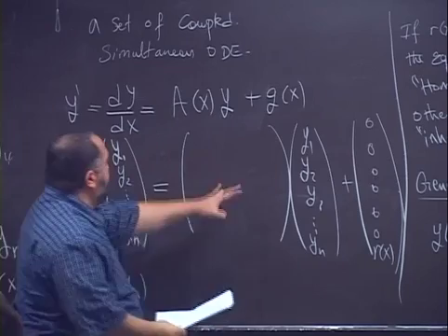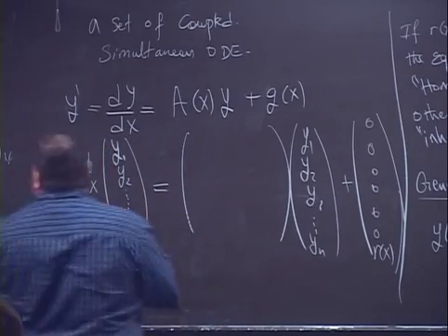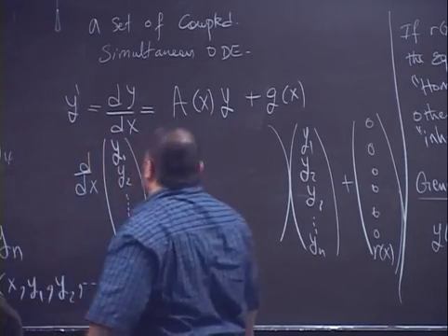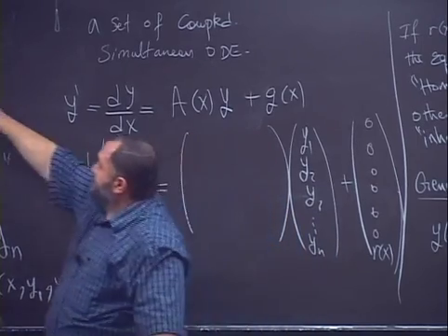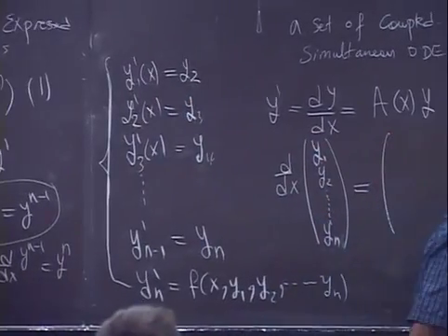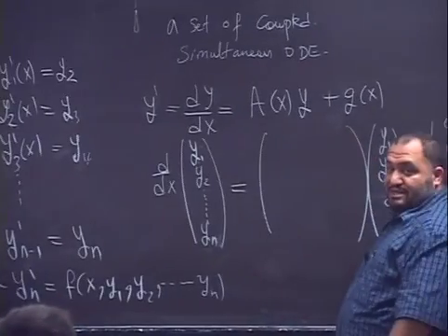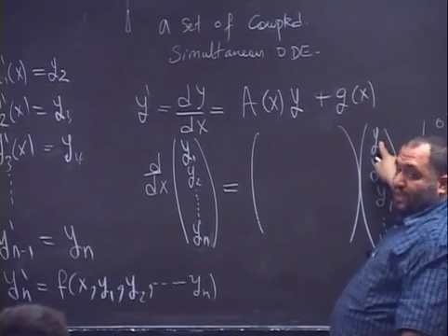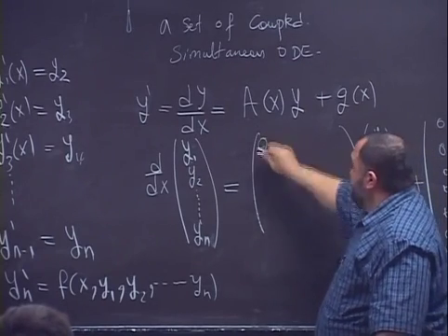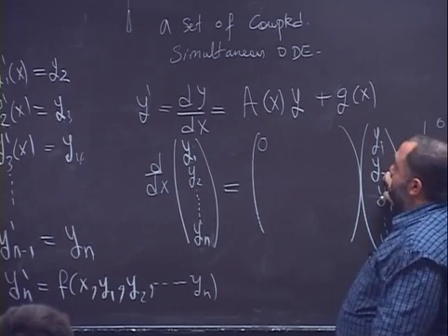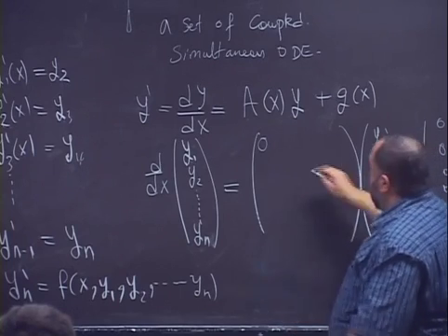So what will we put here? Look at this equation. y1 prime equal to what? y2. Yes? So we will not have a y1. So we should have here 0. Then we should have 1.